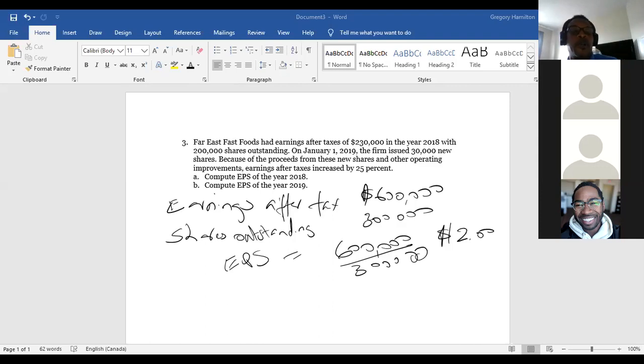So earnings after tax equal 600,000 multiplied by 1.25, whichever one you're okay with.